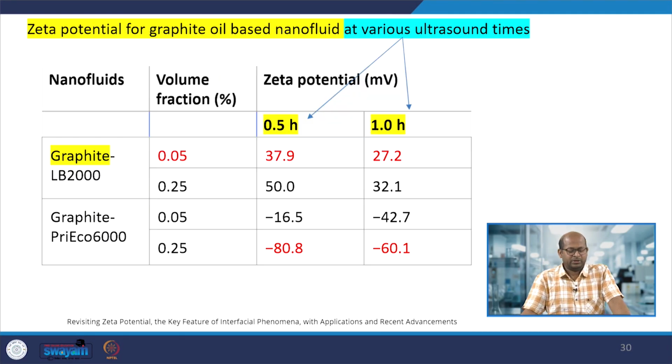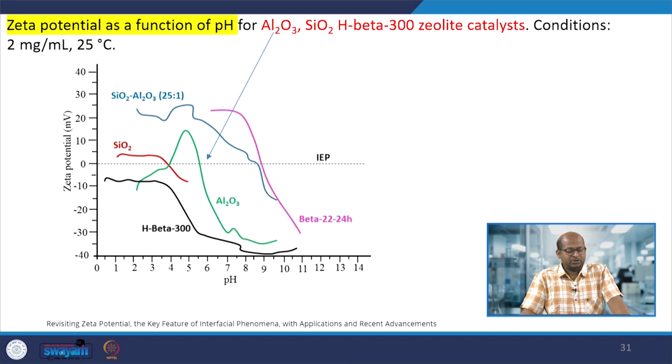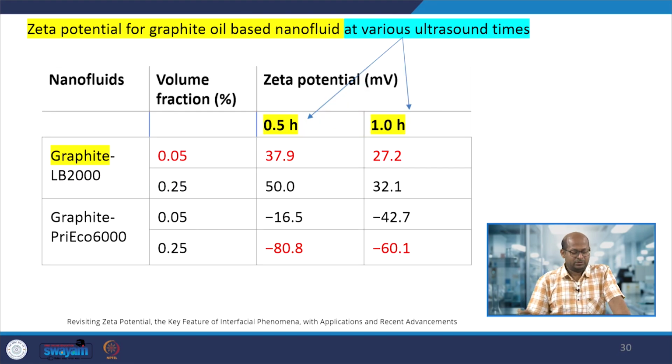Similarly, other examples are there. With time also the zeta potential will change. A graphite-based oil was taken, and the zeta potential was measured with 0.05% graphite used in a particular oil.